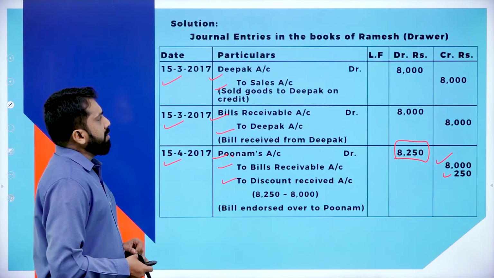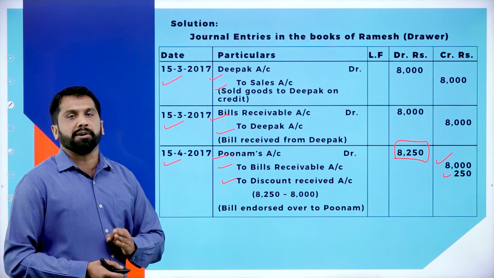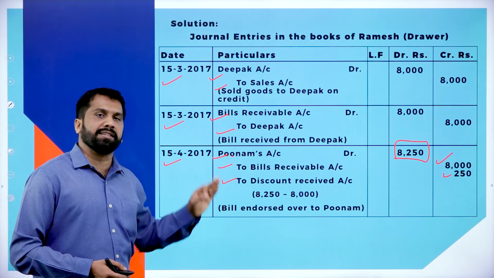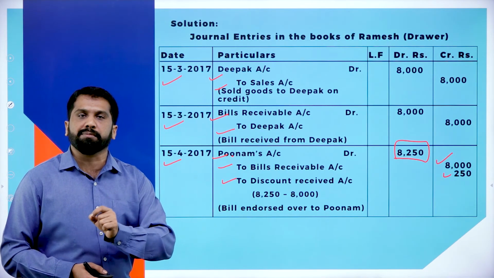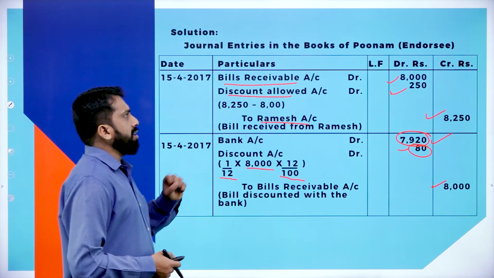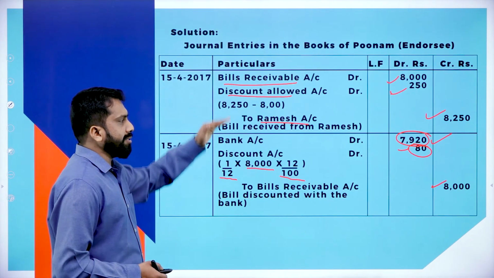Now, these are the journal entries in the books of drawer. Drawer means what? Seller. 1, 2, 3. Please take a screenshot of the journal entries in the books of drawer. Journal entries in the books of drawee. Drawee means what? NOC.